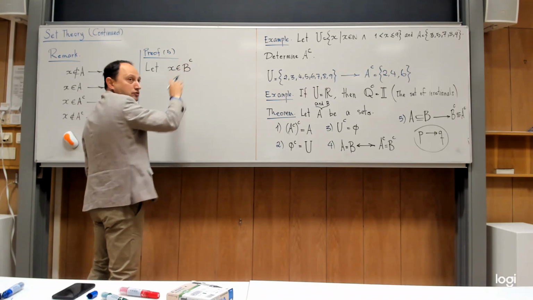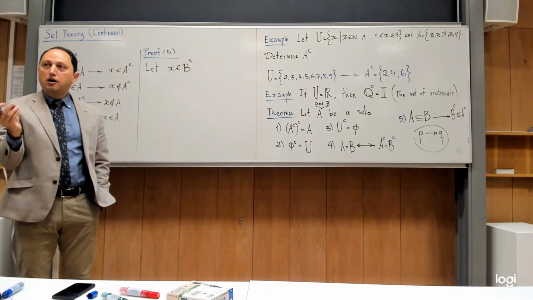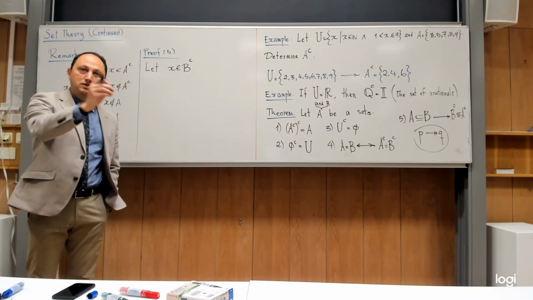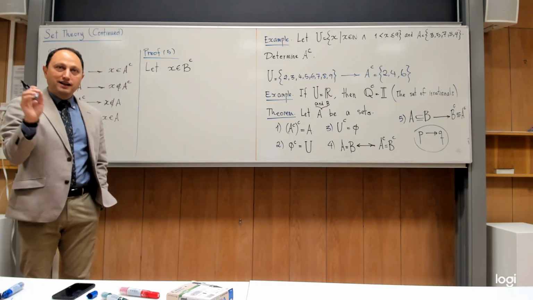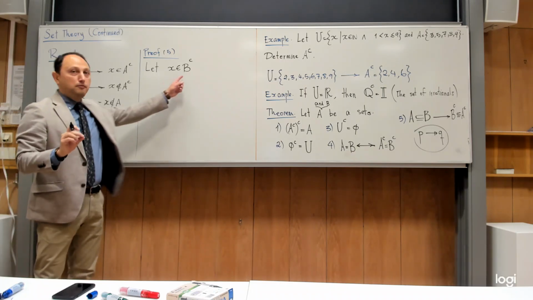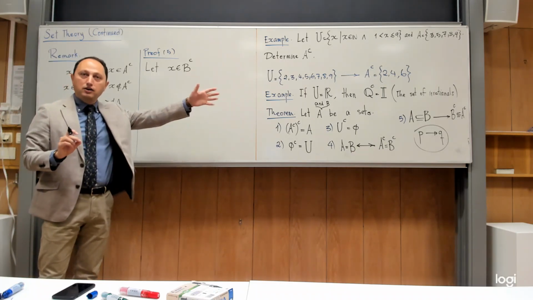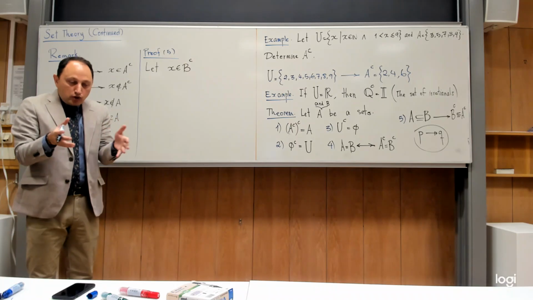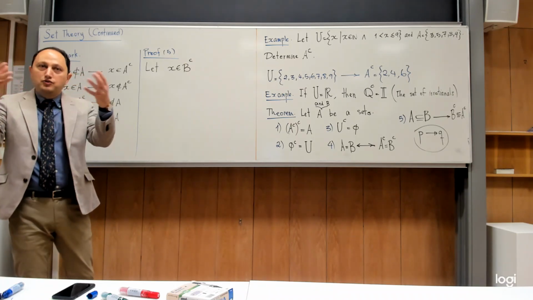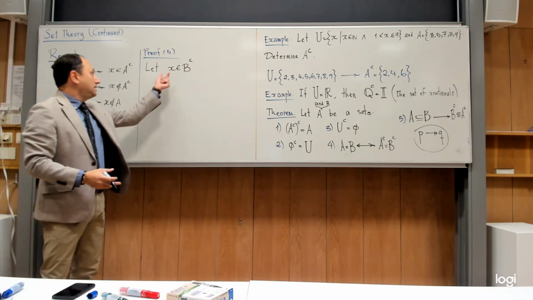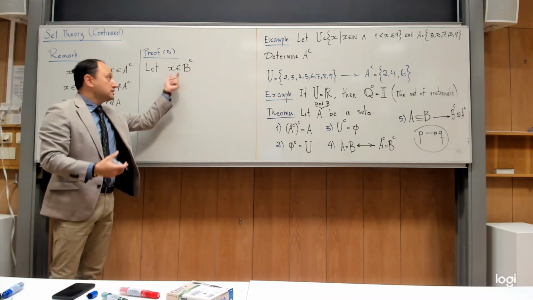I want to show B complement is a subset of A complement. What I have to show is that whatever is in B complement is also in A complement. But I don't know what is really in the B complement. So let me just give one of those elements a name. Let X be a typical element of B complement.